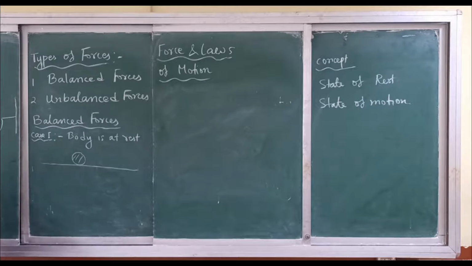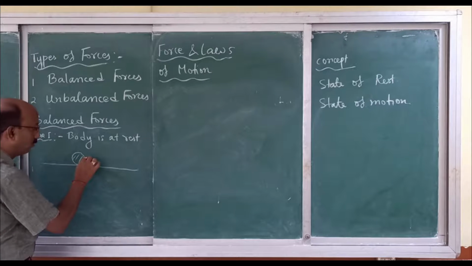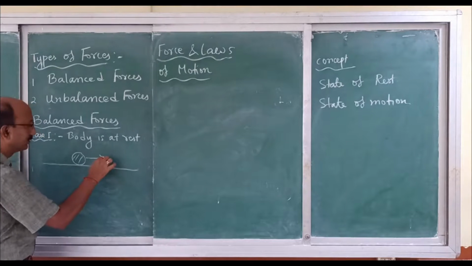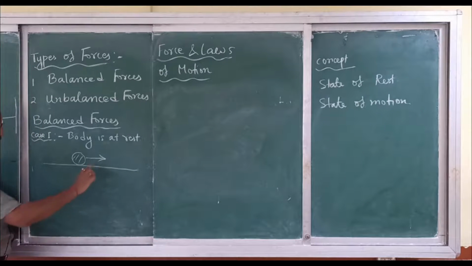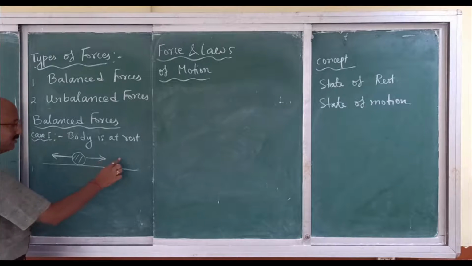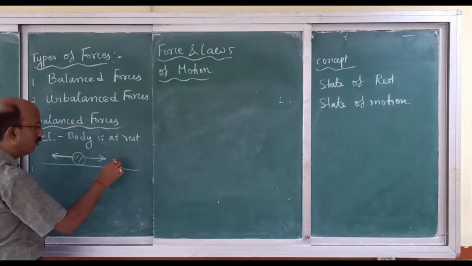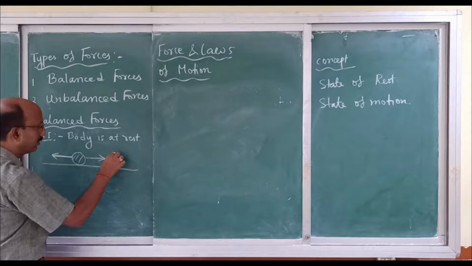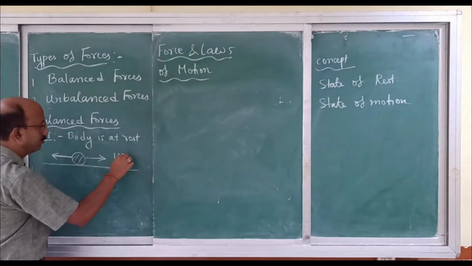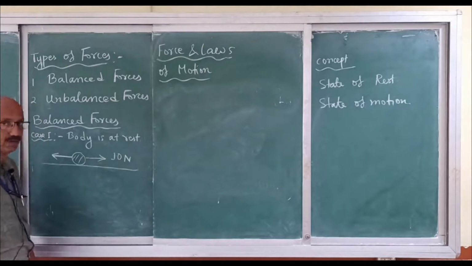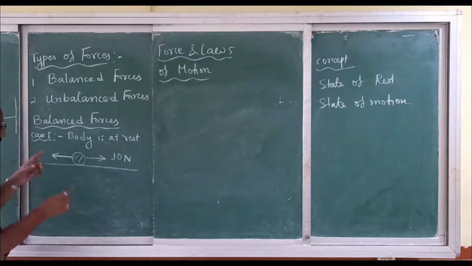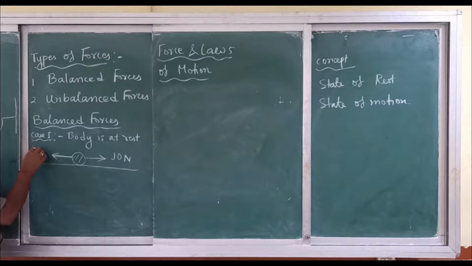Now one person pulls it along this direction and another person pulls it along this direction. This side, the body is being pulled with a force of 10 Newton. You know Newton is the unit of force. And another person is also pulling in the opposite direction with the same force.